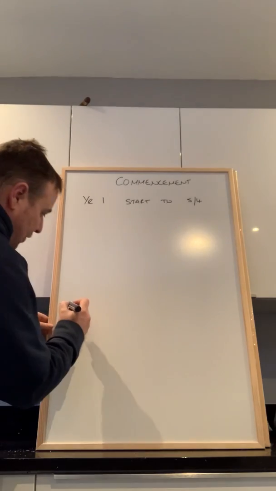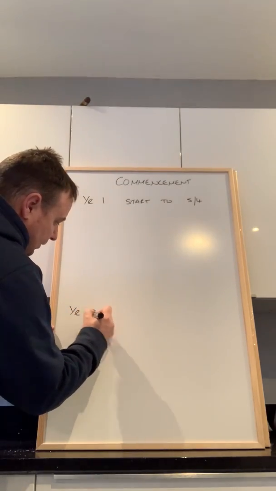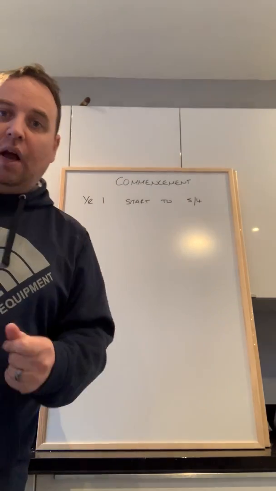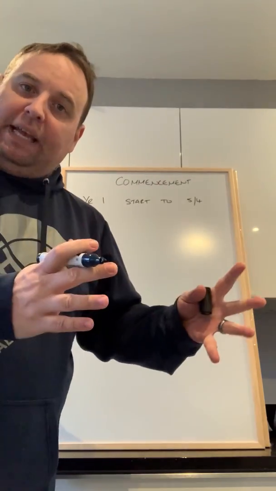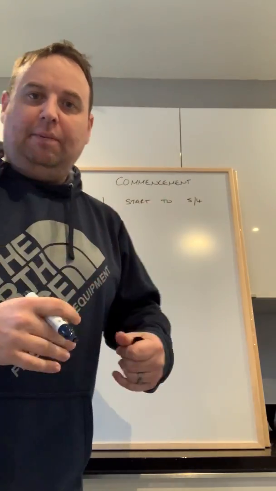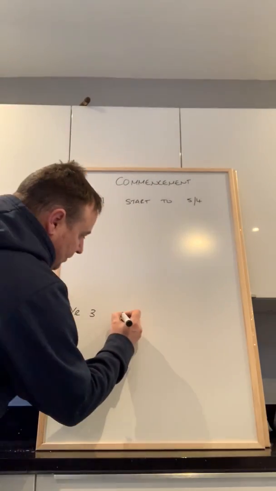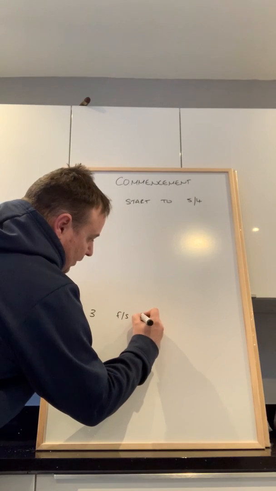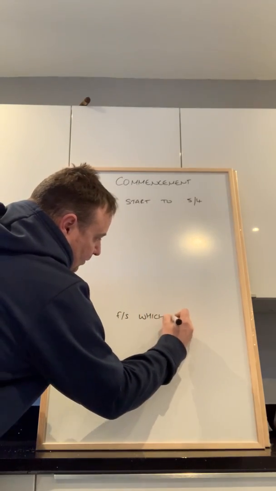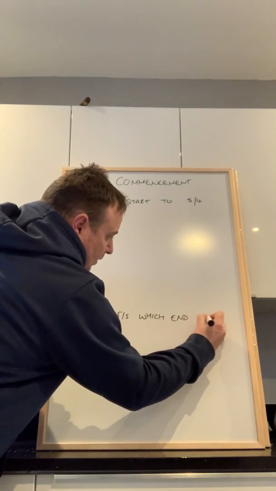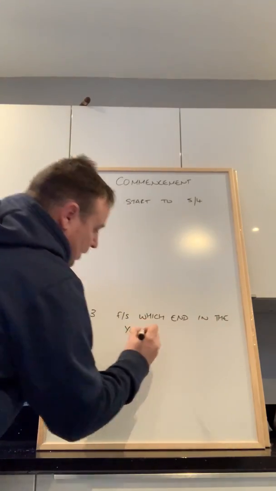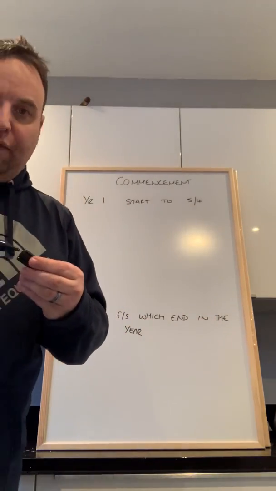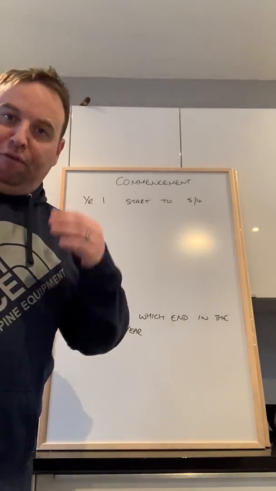Now, year 3 is also straightforward because by the time you get to year 3, you're able to say, actually, by now I have an accounting date, I have financial statements being prepared for 12-month periods, and at this point, you just use whichever financial statements finish in that year.